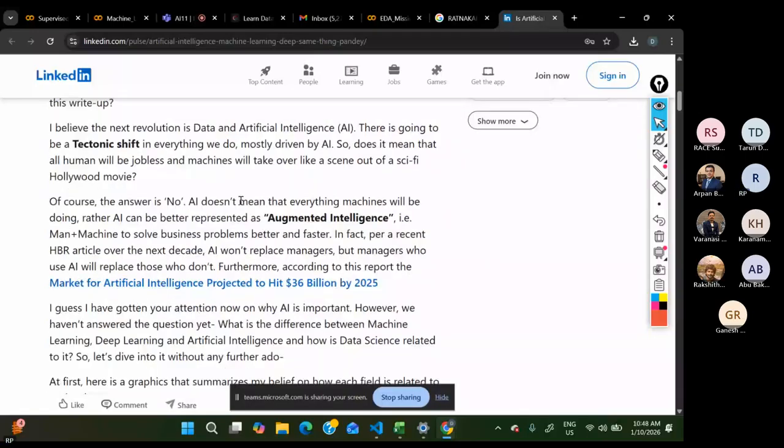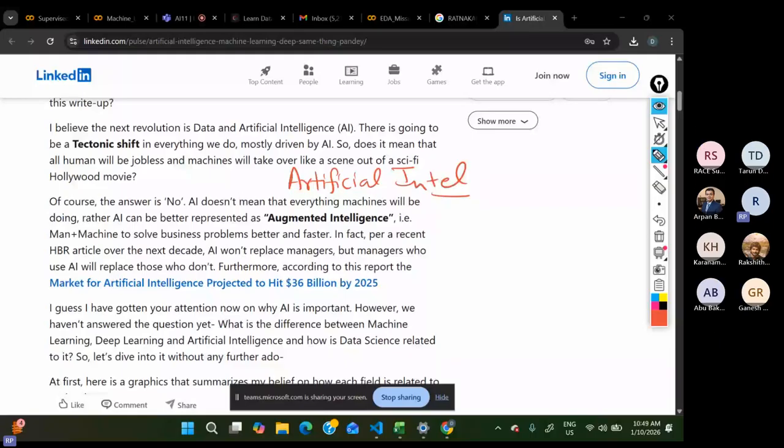Okay. So AI is artificial intelligence, right? Why is it called artificial? Made by human. It's not natural. It is a simulation which matches our brain.